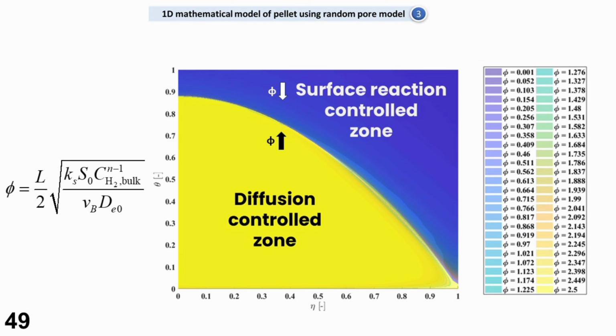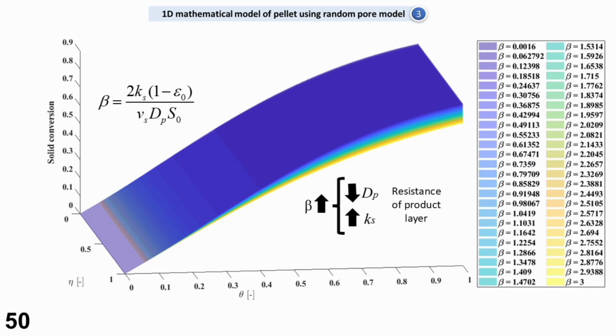When the pellet size increases, the Thiele modulus enlarges, becoming more diffusion controlled. When the Thiele modulus is low, the reaction rate becomes the controlling factor. The next parameter is the Biot number, which represents the resistance of the product layer. Naturally, the higher the resistance, the slower the reaction rate.